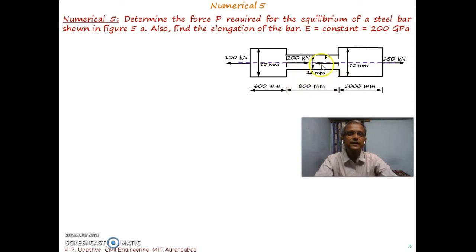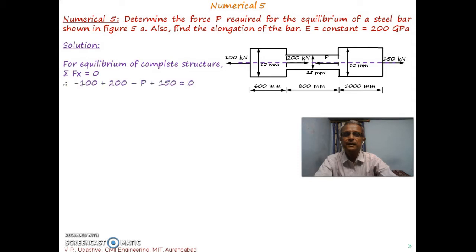So to start with, initially we need to find what this force P is, and if this complete structure is to be in equilibrium, summation Fx must be equal to 0. So if we apply that for equilibrium of the complete structure, then what we can write is minus 100, that is minus x direction, plus 200 minus P plus 150 must be equal to 0.